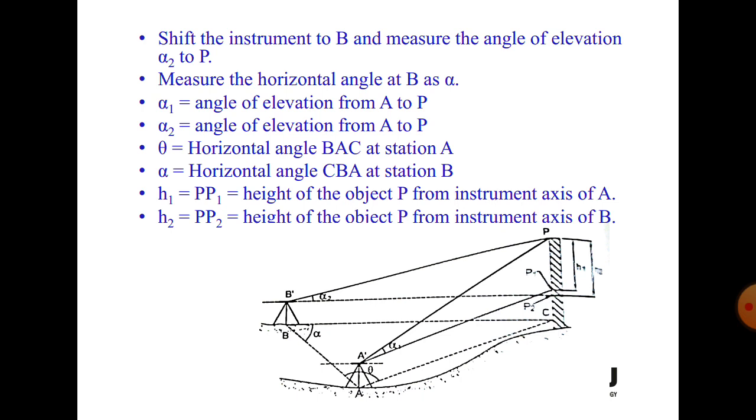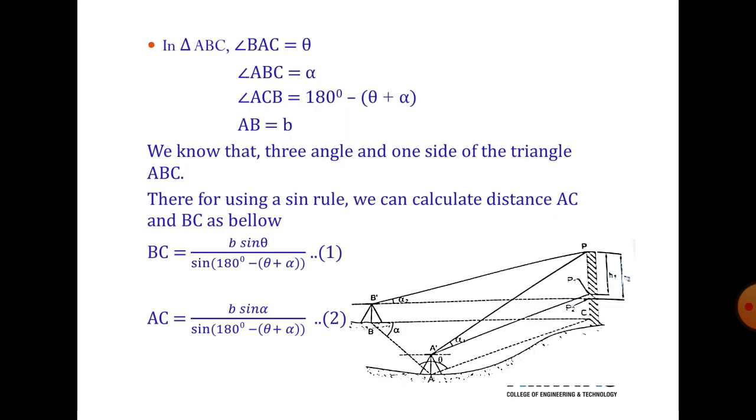So from the instrument axis to the top of the object, and triangle ABC. In this triangle ABC, angle BAC is theta, and angle ABC, or CBA, is alpha. As per the triangulation rule, the sum of the angles of triangle ABC is 180.